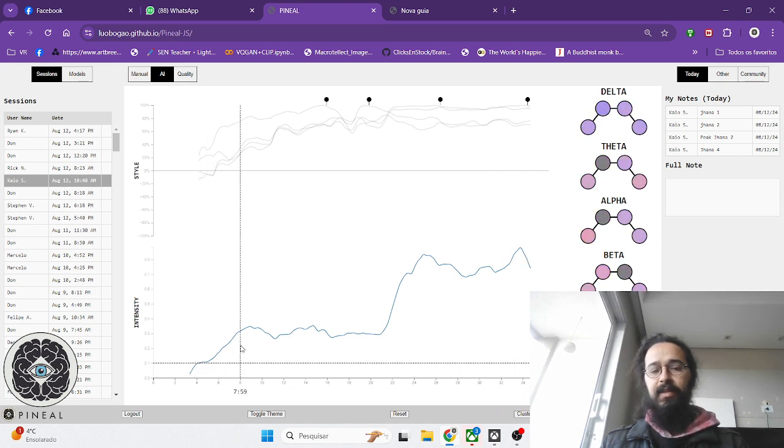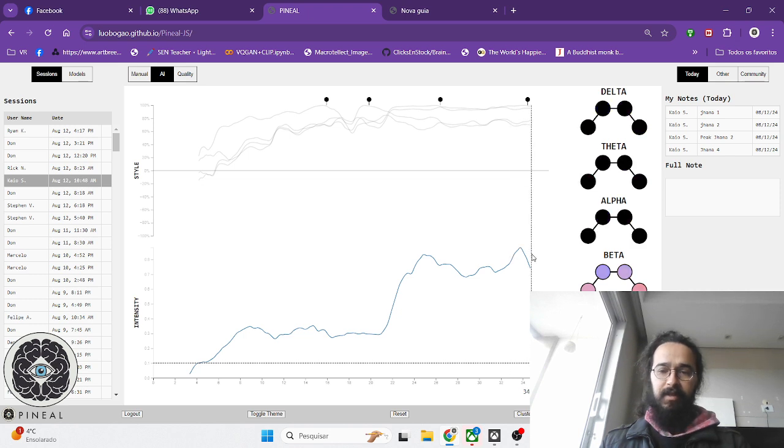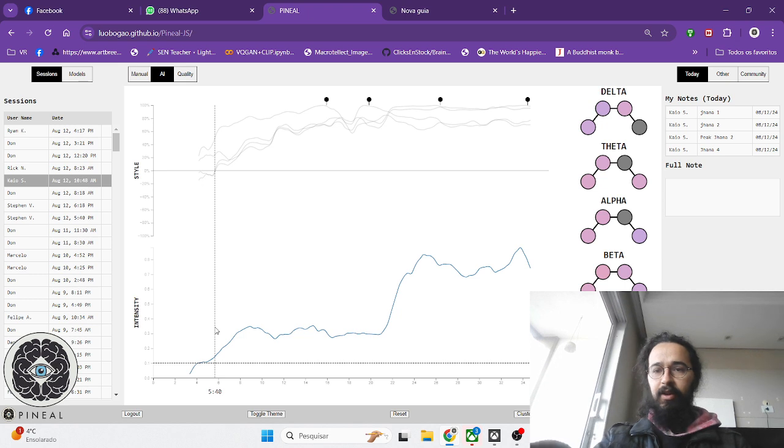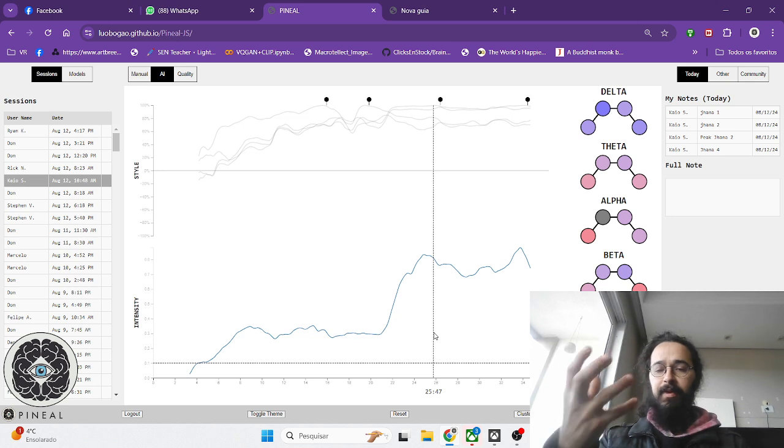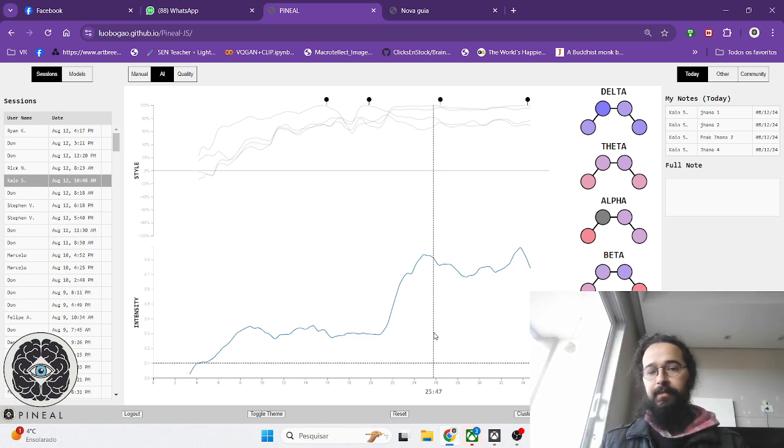So this is the intensity of my gamma at this specific session. You know, we can check these colorful balls here, delta, theta, alpha, beta, gamma, and we can slide this vertical line and we can see that the TP10 of gamma became really red. So strong intensity at the TP10 here. Yeah, we will bring more stuff in this area in the future.